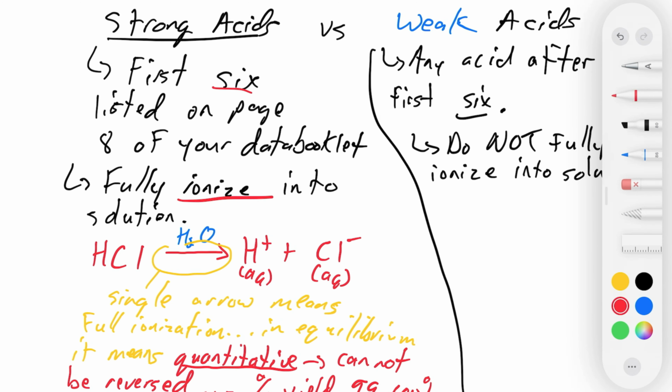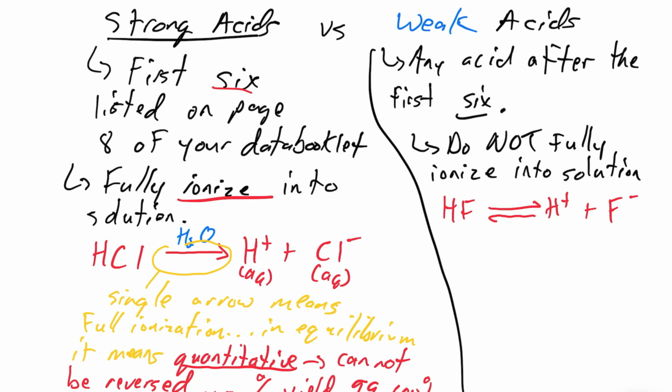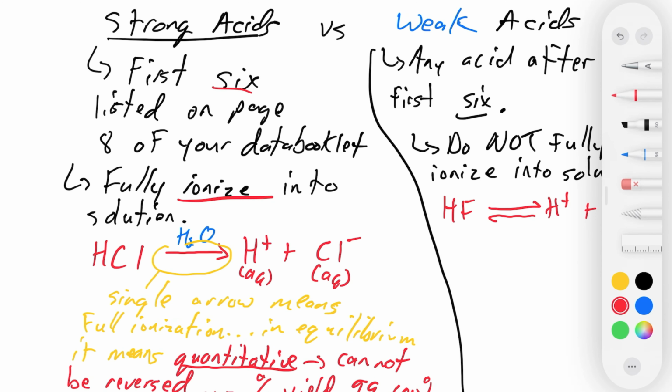But this is how it reacts in solution. And that double arrow means that the reaction is reversible, and only weak acids can have these reactions reversed.